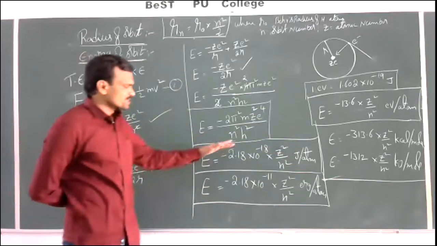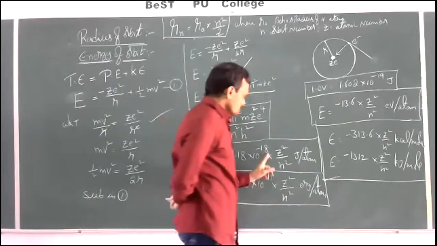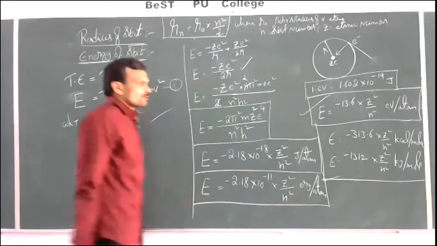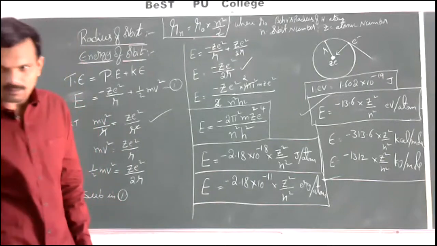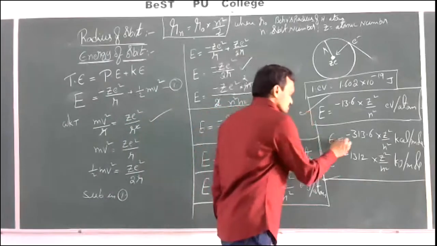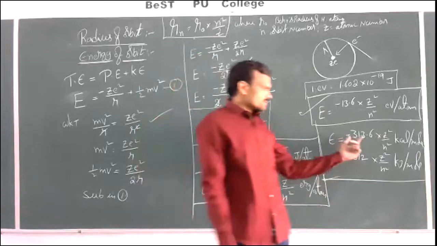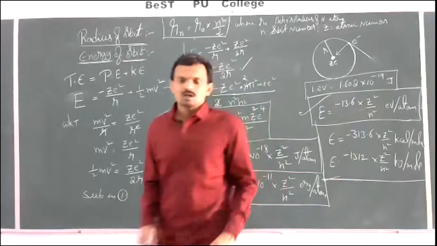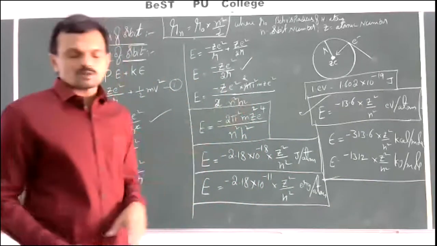The same we can express in terms of ergs per atom. Or in electron volts, E is equal to minus 13.6 into Z square by N square electron volts per atom. The same can also be expressed as minus 313.6 into Z square by N square kilocalories per mole or minus 1312 into Z square by N square kilojoules per mole.